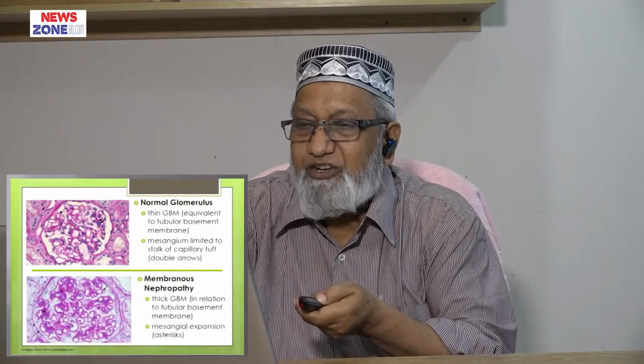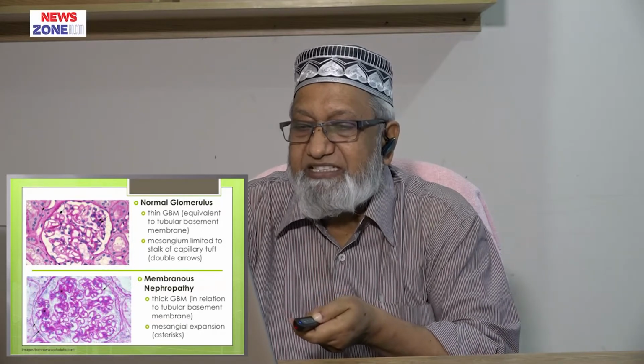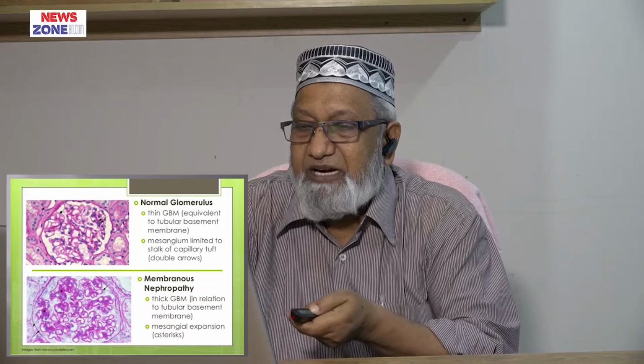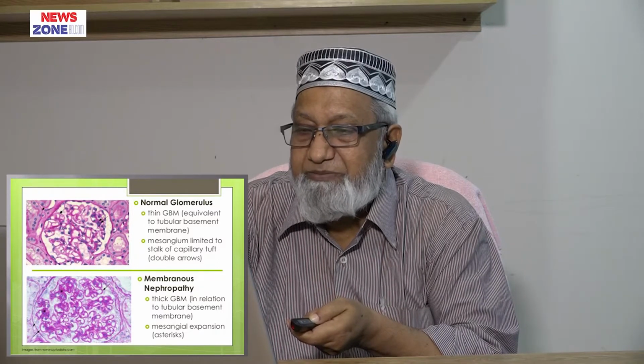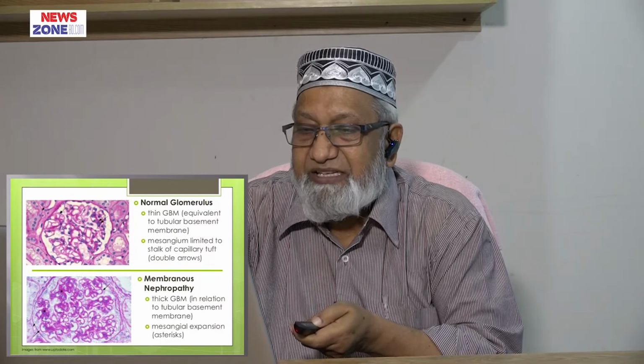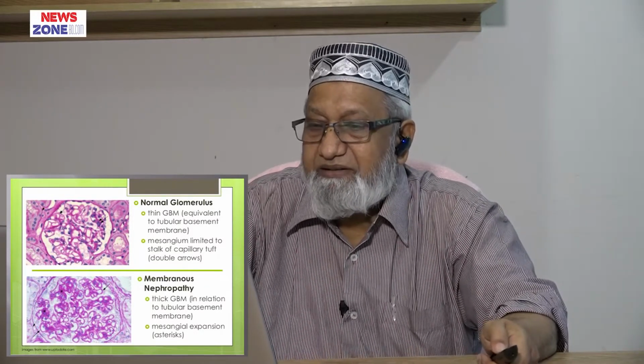You see the normal glomerulus and membranous nephropathy, that is membranous glomerulonephritis. So the membranes become thick. Not only the capillary membrane, the glomerular membrane, it also causes mesangial expansion and also tubular membrane thickening.